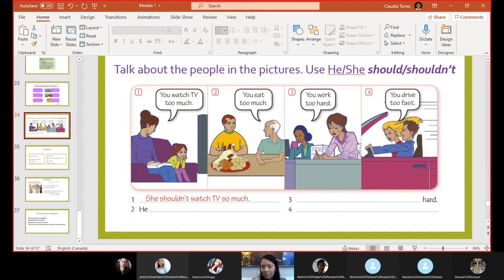For example, about the number 4, he shouldn't drive too fast. Yeah, he shouldn't drive too fast. Yes. And Andres says, I should finish my studies in a year. Okay, nice. Oh, so Andres, you're about to finish, right?